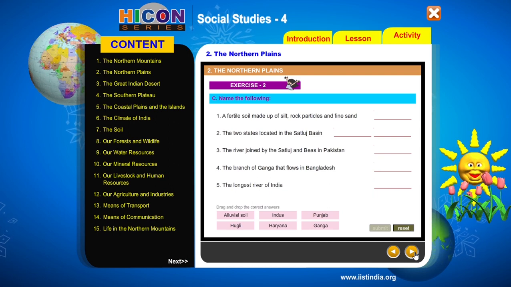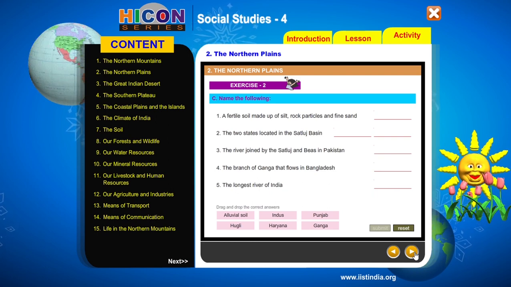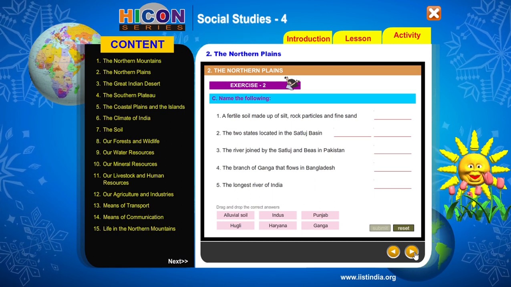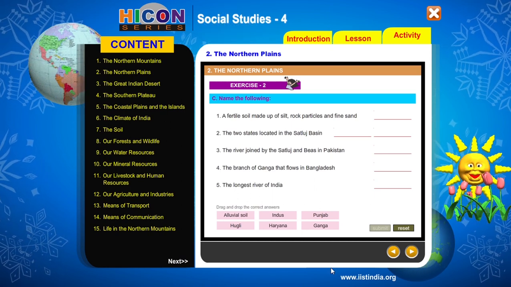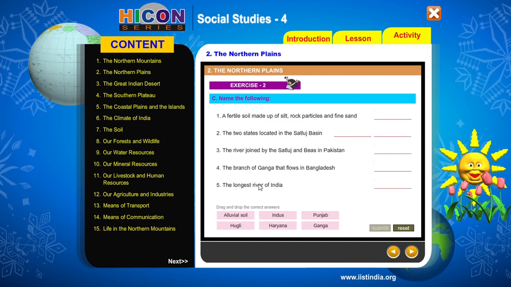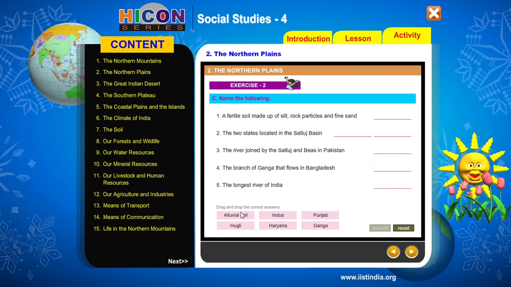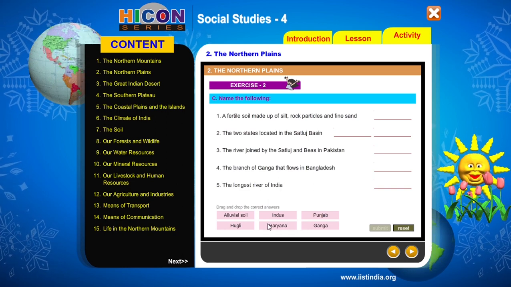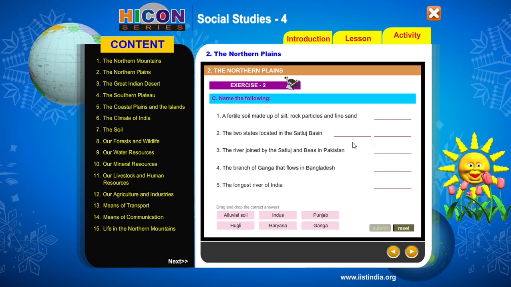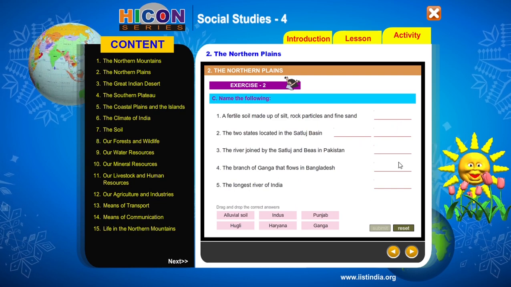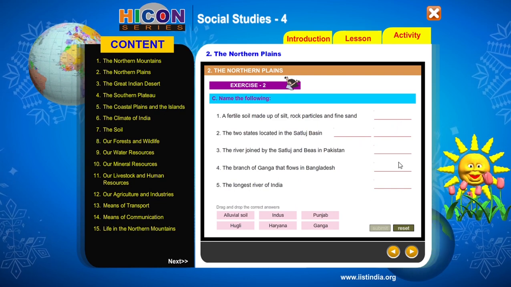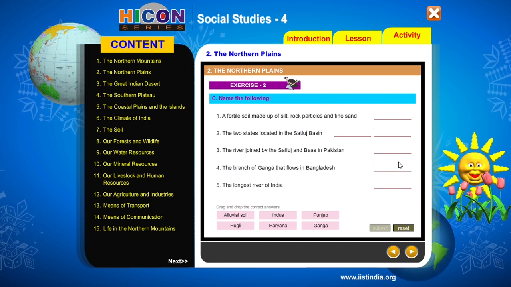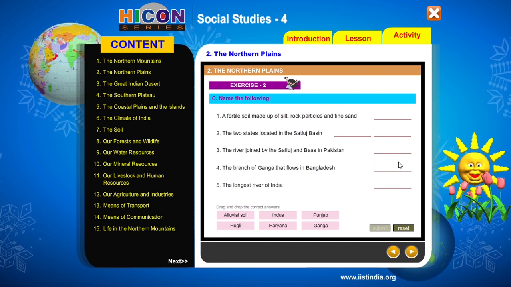Name the following. So there are 5 descriptions given over here, and what they refer to is also given as options at the bottom, right? So we need to read the descriptions and identify the item each describes, and we need to drag and drop them over here. Fine. So the first one, a fertile soil made up of silt, rock particles, and fine sand.